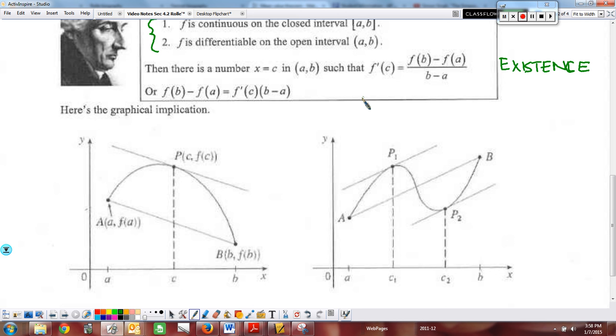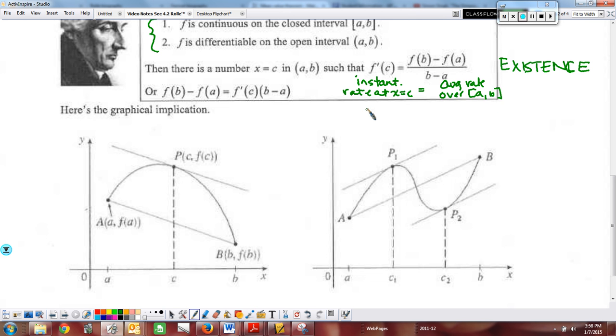And let's talk about this in terms of all the ways that we can think about this. So f prime of c is going to be the instantaneous rate at x equal to c, the instantaneous rate at some x value in the interval, equals the average rate over the whole interval a to b.